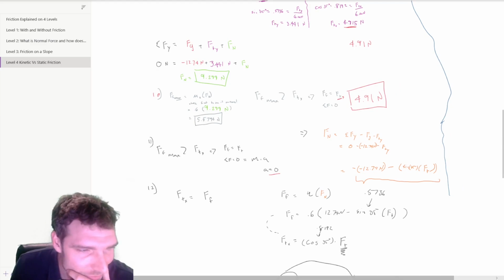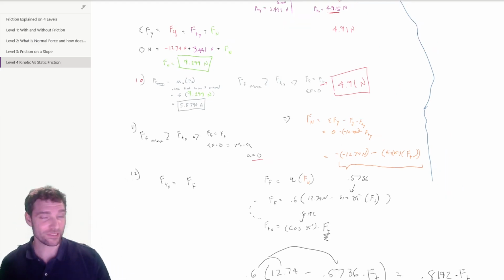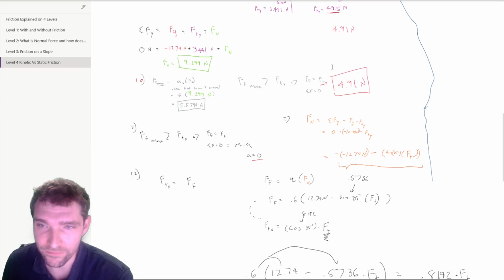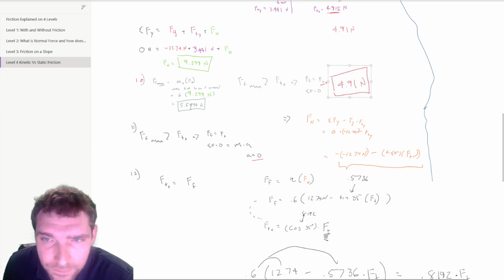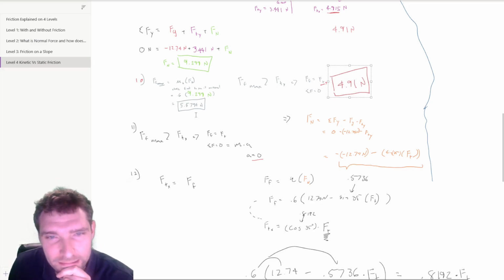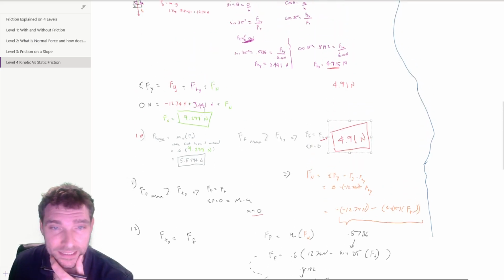Give me a second to review this. Actually, it looks like in this situation the tension was only going to go up to 4.9, but the force of friction could go up to 5.5. So it does actually cancel out in this case as well.